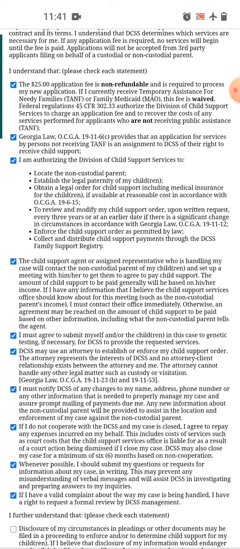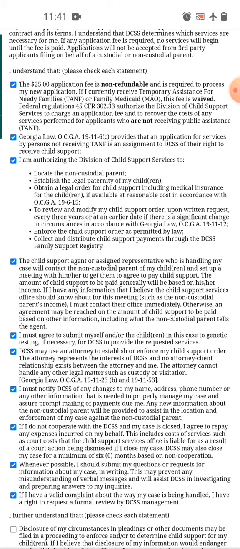Yes. The third one: I'm authorizing the Division of Child Support Services to locate the non-custodial parent, establish legal paternity of my child or children, obtain a legal order for child support, including medical insurance for the children, if available at a reasonable cost, in accordance with Georgia law 19-6-15.